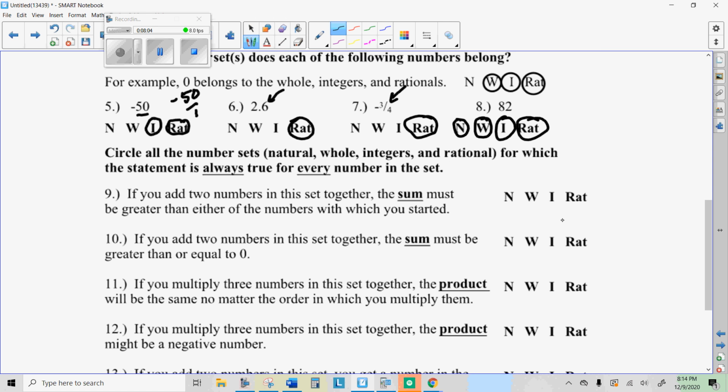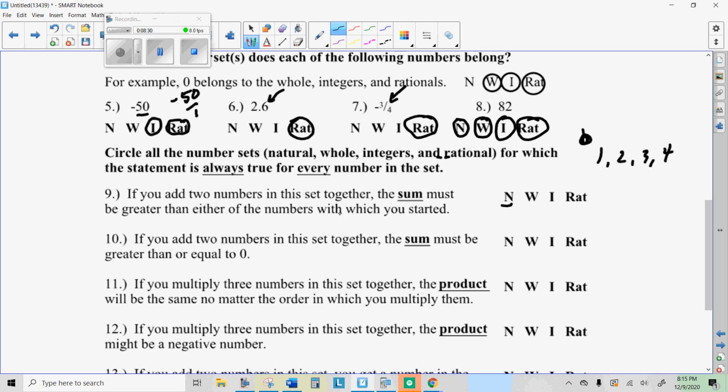We're going to think about these numbers. If you add two numbers in this set together, the sum must be greater than either of the numbers with which you started. Okay? So we're going to circle all that work for this. So if you add two numbers in the natural set together, remember naturals are these, starting at 1, 2, 3, 4.